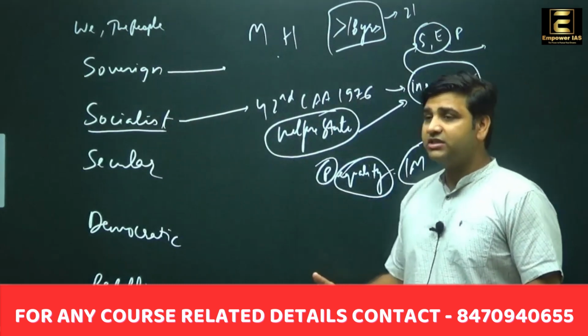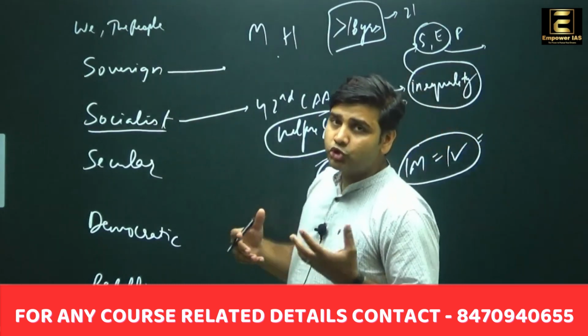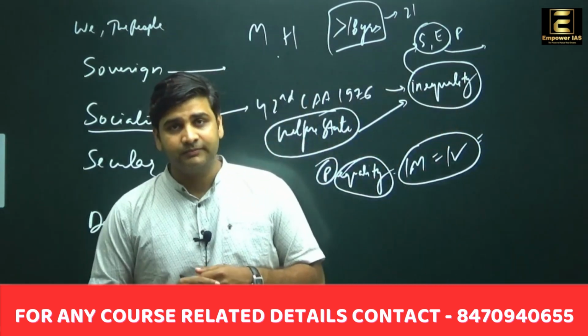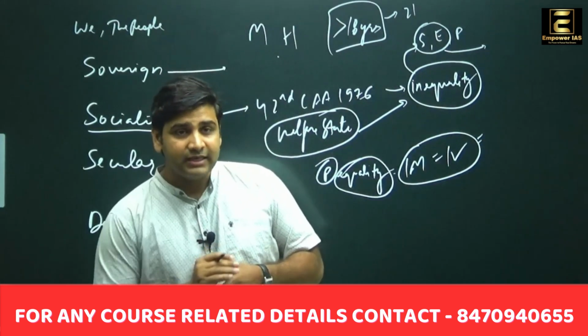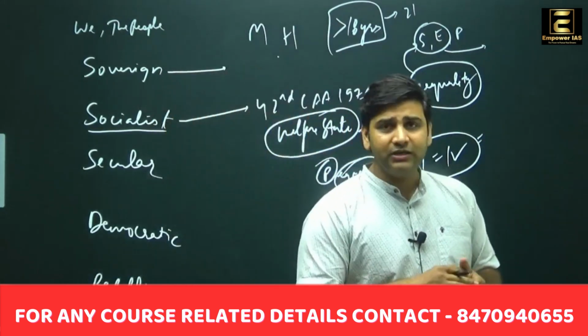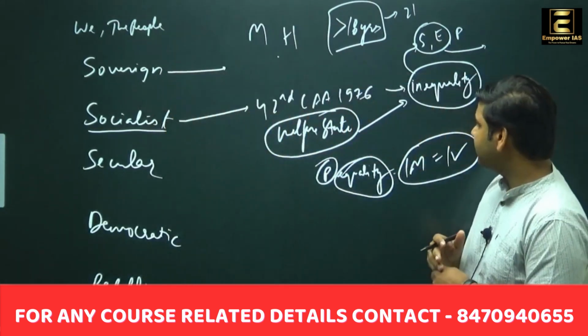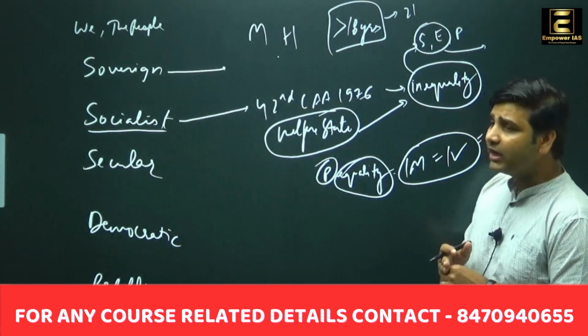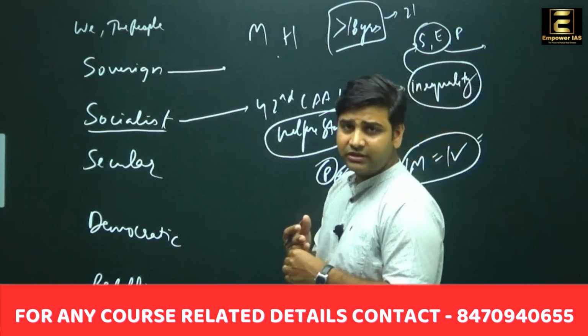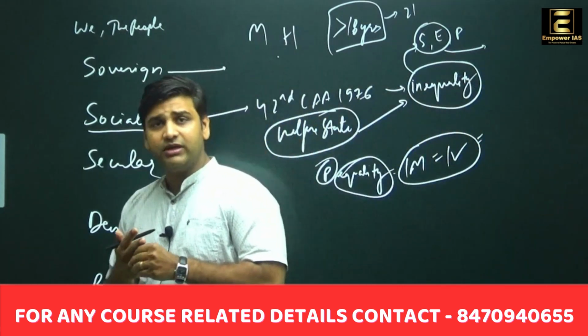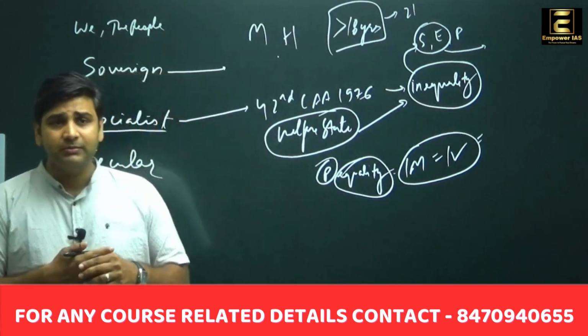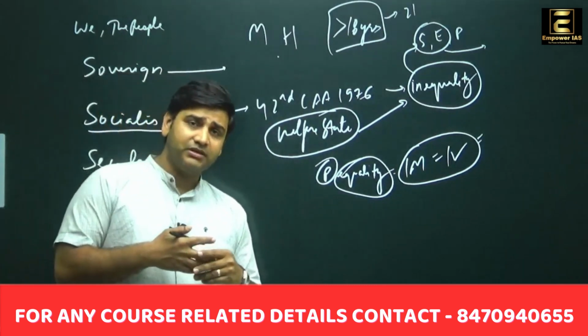All these provisions have been made to create social equality in the country, because the country has been divided on so many fronts. We see inequality based on religion, inequality based on caste, inequality based on sex, inequality based on the origin of the person.